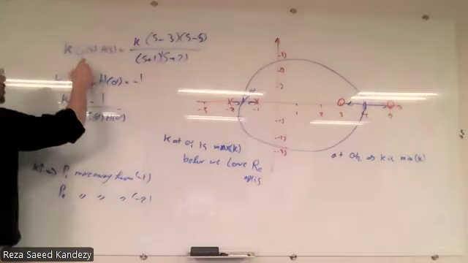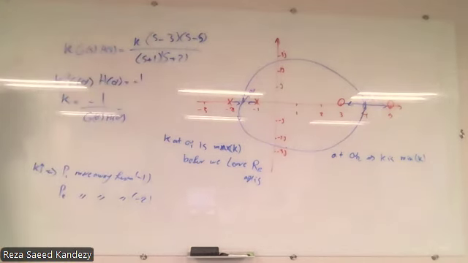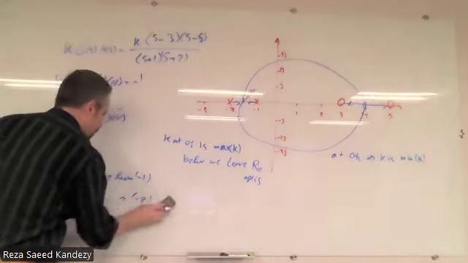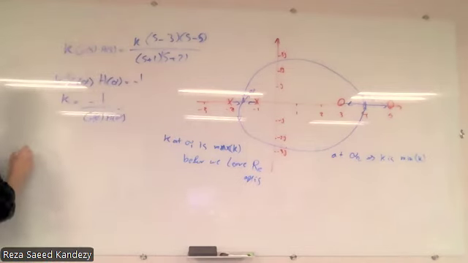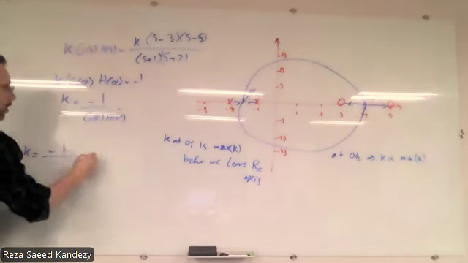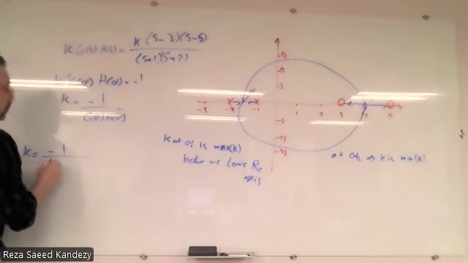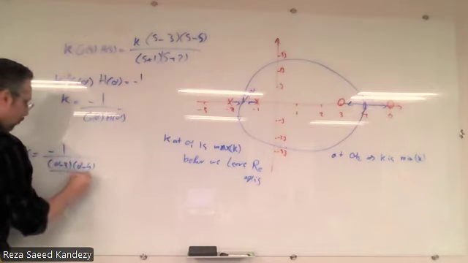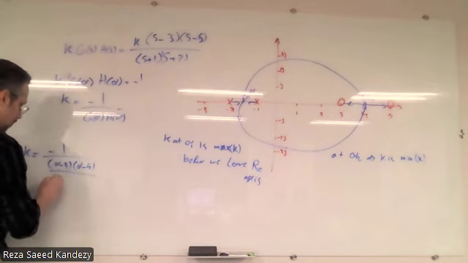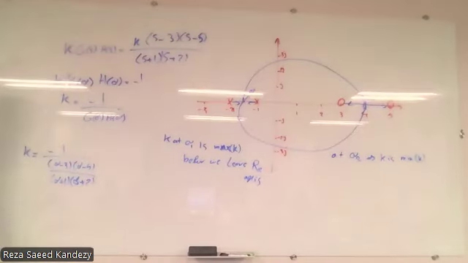Now, the GH is this part without the K. So in this example, my K is minus 1 over, I'm going to use delta, (delta minus 3)(delta minus 5) over (delta plus 1)(delta plus 2).